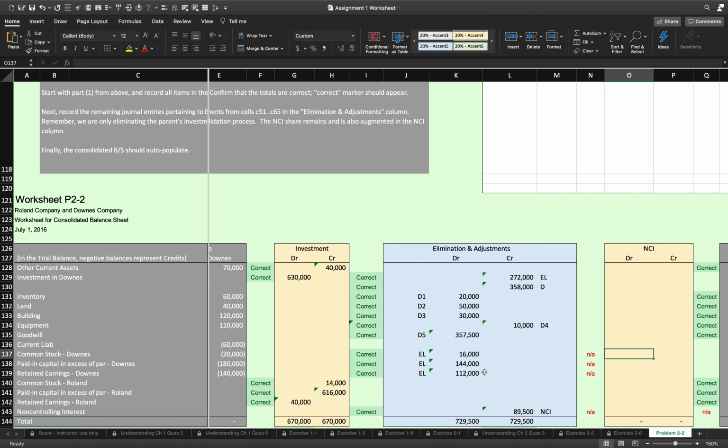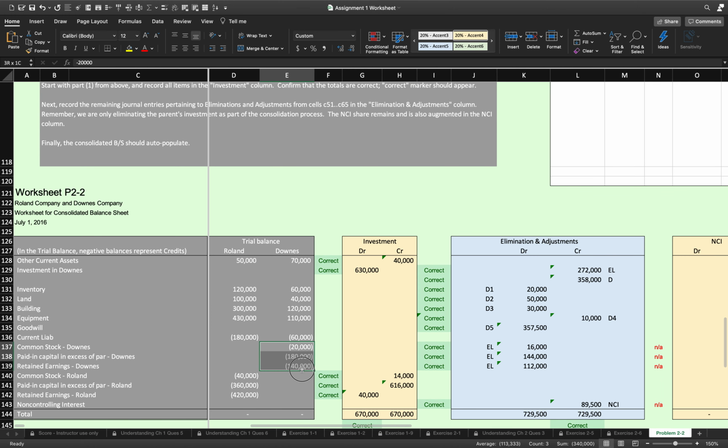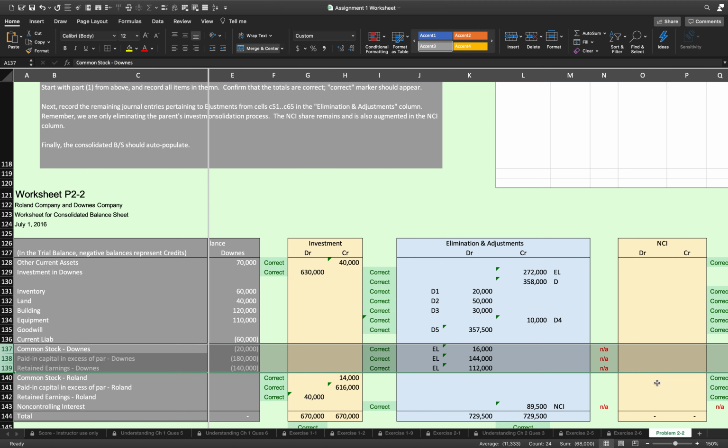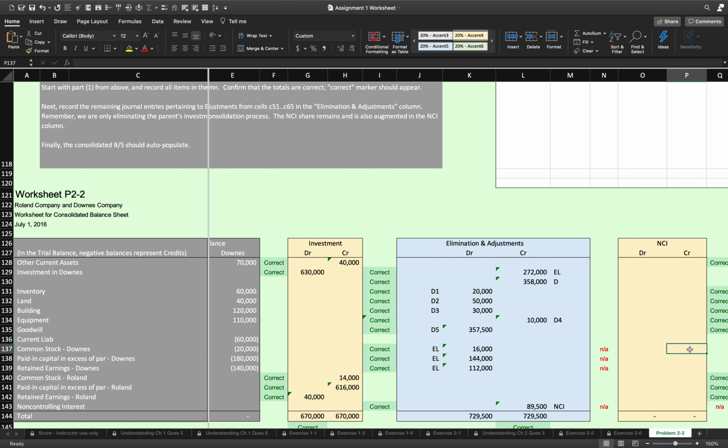And because these accounts are credit accounts, we need to end up on the credit side here, keeping in mind that the credits were reduced by these debits here, right, in the same row.